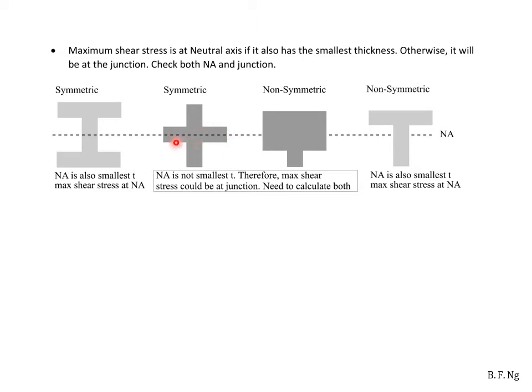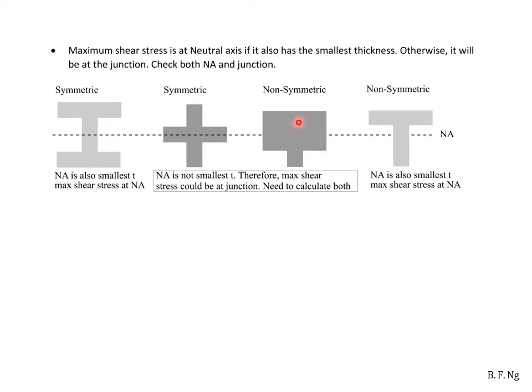We will need to calculate the maximum shear stress at the neutral axis as well as at the junction. We need to calculate both of them so that we are very certain that the value we obtain for the shear stress is the maximum. For non-symmetric sections, it will actually depend.